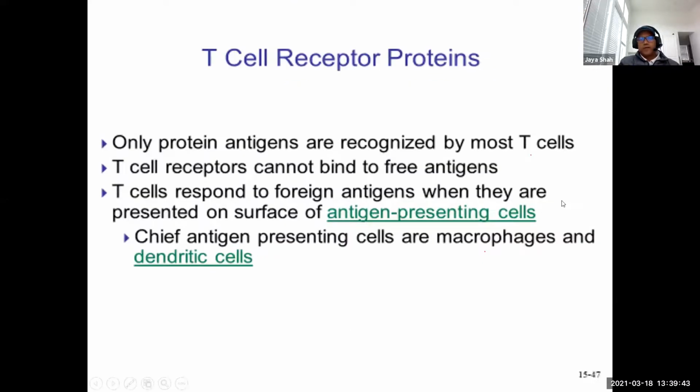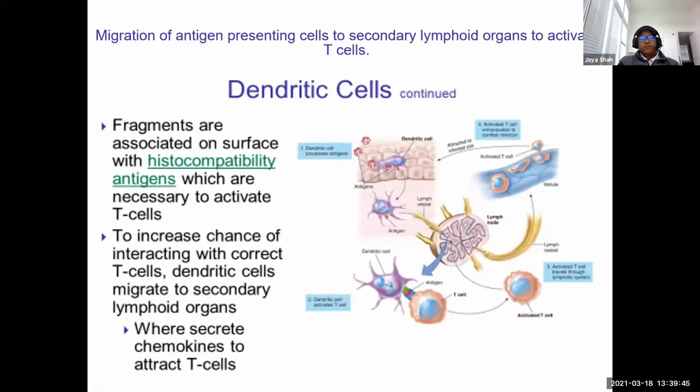Okay, so here you go. How dendritic cells present them. Here you can see the dendritic cells in the skin. Dendritic cells are Langerhans cells. Do you remember in the skin we talked about? Another name is Langerhans cell because Mr. Langerhans found it.